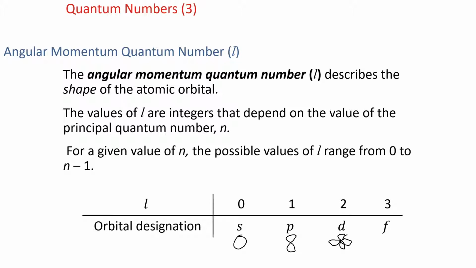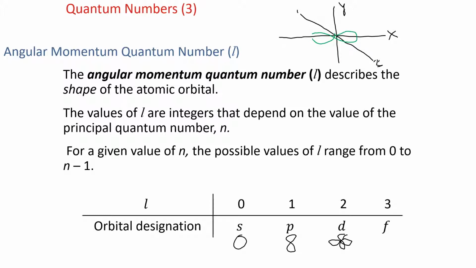Now, if you can remember or imagine how we talked about planes, 3-dimensionally, there are X, Y, and Z planes. So here's Z, here's X, and here's Y. If we were to have a p orbital, it could be on any one of these axes. We could have one on the x-axis.